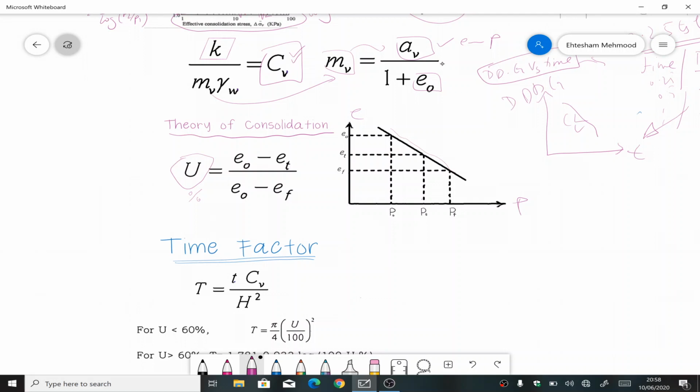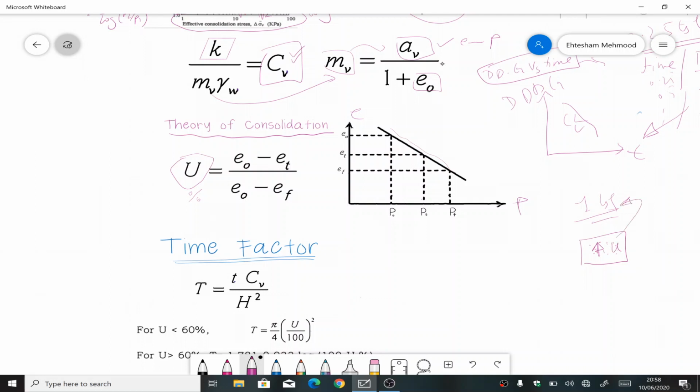One more important thing to remember before we talk about this theory of consolidation: if I load my specimen to 1 TSF, what will happen? If you remember the spring cylinder theory, under 1 TSF load, in the first step the pore pressure of the soil specimen will increase equal to 1 TSF.